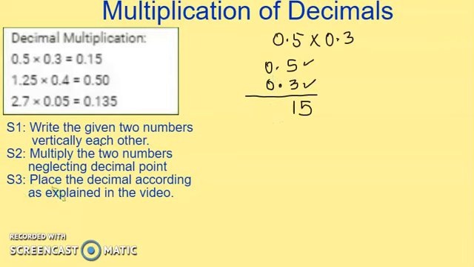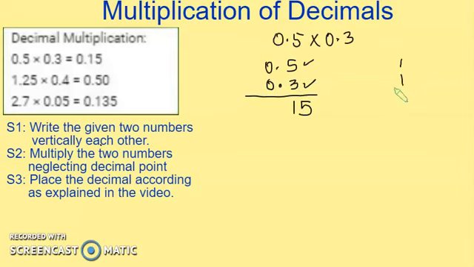So step 3 is place the decimal according as explained in the video. So listen to my explanation of how and where to place the decimal. For that you need to count the number of digits after the decimal in first and second number. So in the first one, how many digits are there after the decimal? Just one digit, that is 5. In the second one also, there is just one digit after the decimal, that is 3.